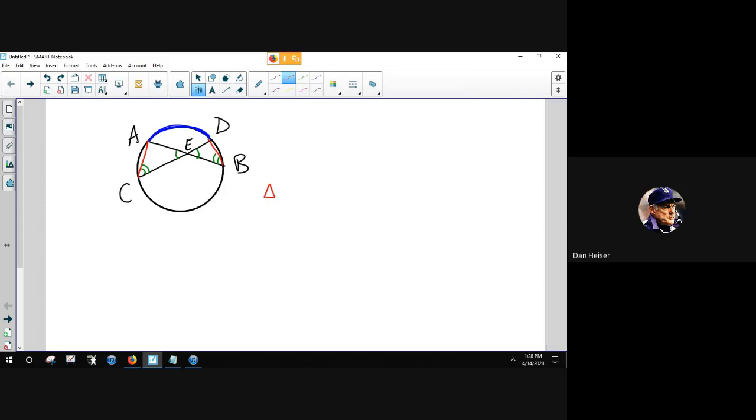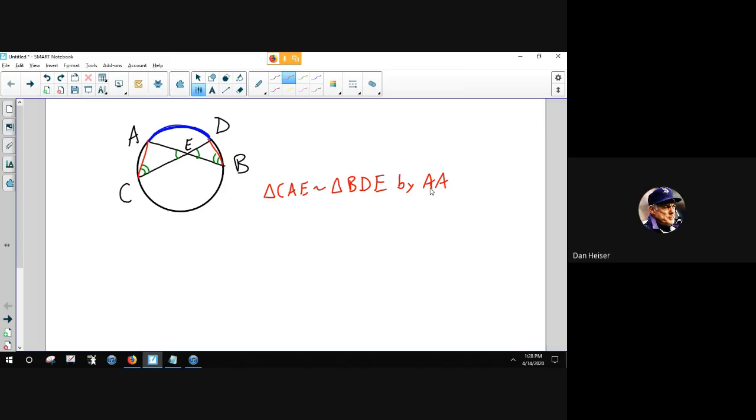Triangle CAE is similar to triangle BDE. Similar by angle. If I look at these two triangles a little more closely, I can write some various ratios. But there's a couple that I'm particularly interested in.